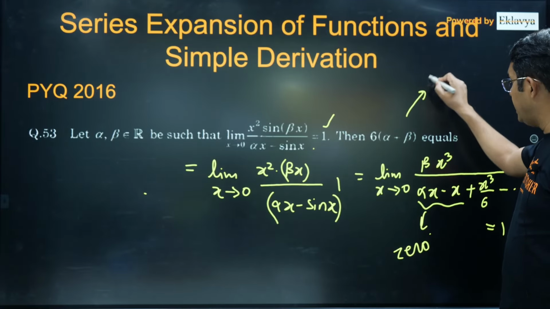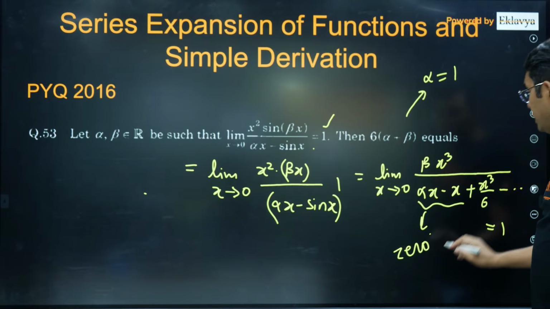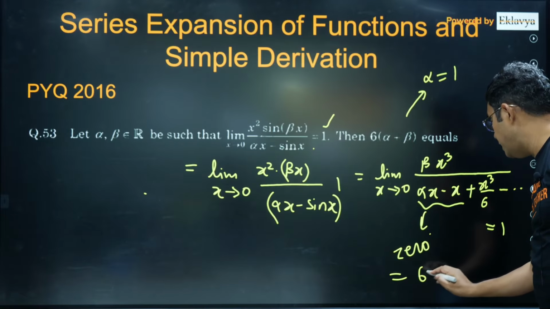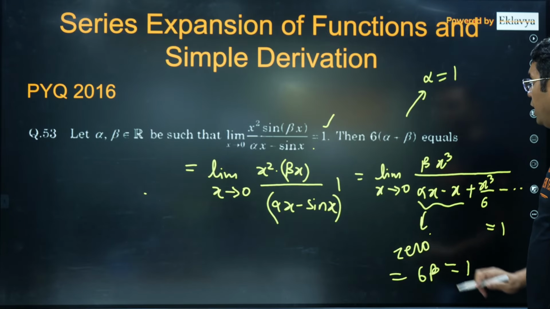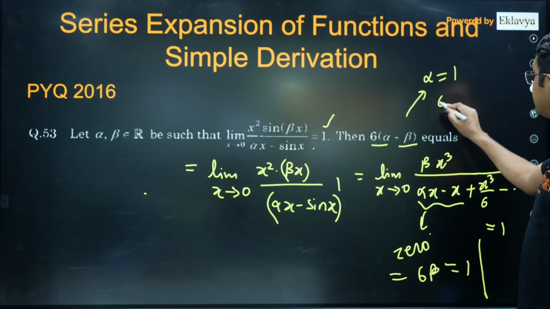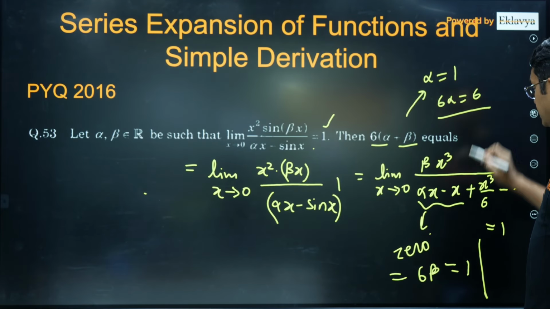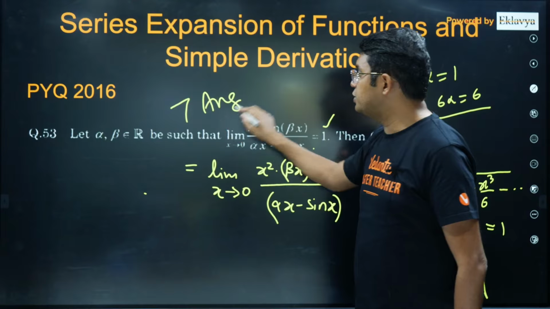So from this we get alpha is equal to 1, and if this is cancelled, our limit will be equal to 6 beta, which is given to us as 1. We are looking for 6 alpha plus 6 beta. So 6 beta is 1, 6 alpha is 6, so 6 alpha plus 6 beta, the answer has to be 7.